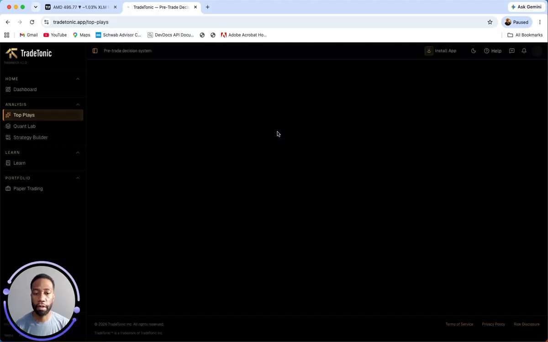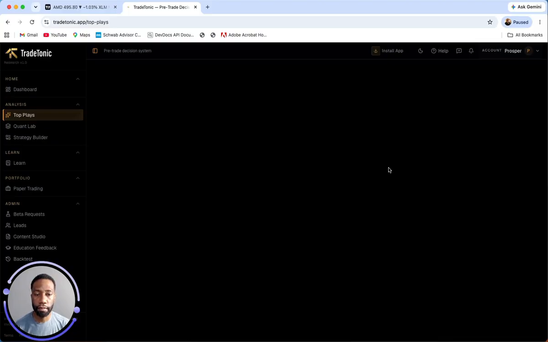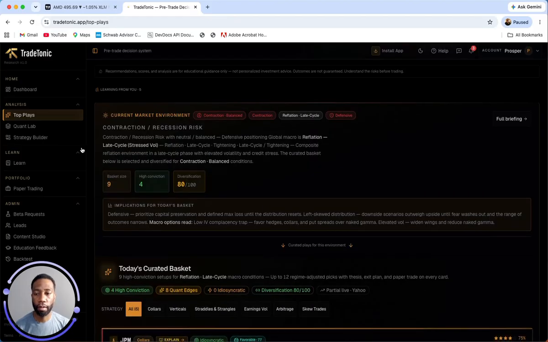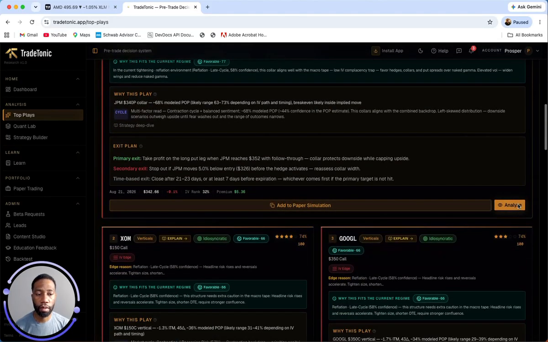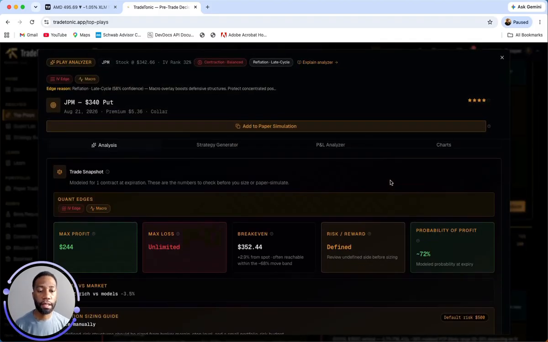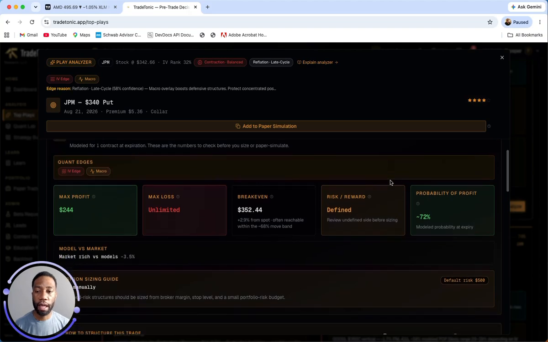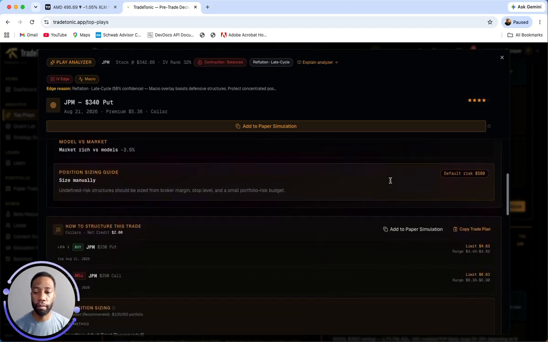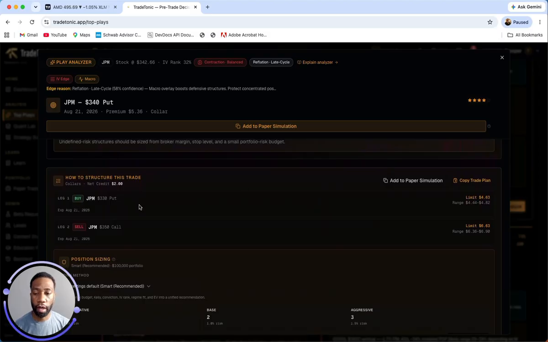Let's see if we can refresh this. Okay, let's go back to it. Once we refresh the screen, it lets us know how we can put this collar on, right? So how to structure this trade?